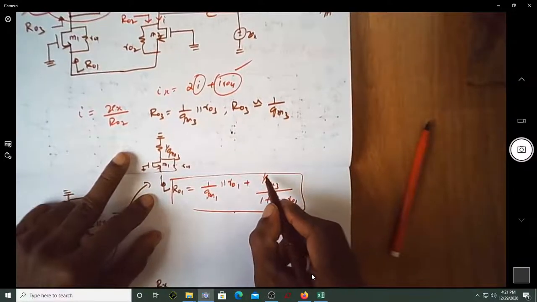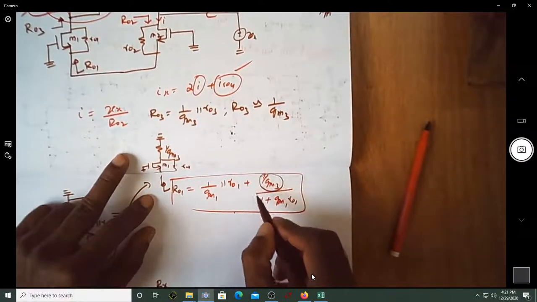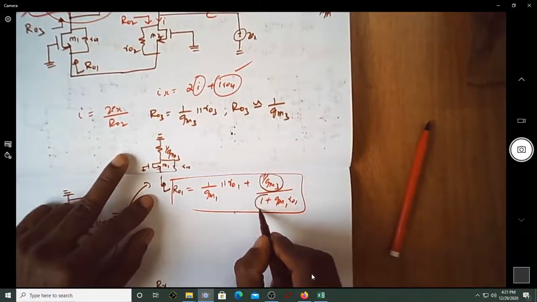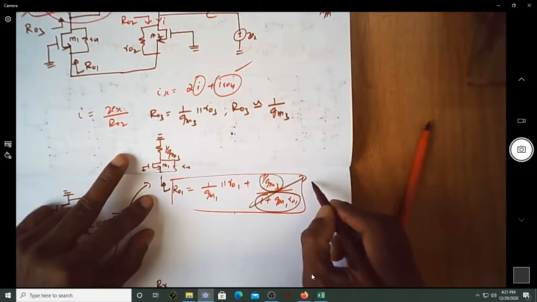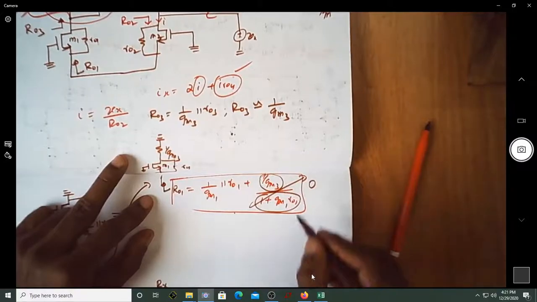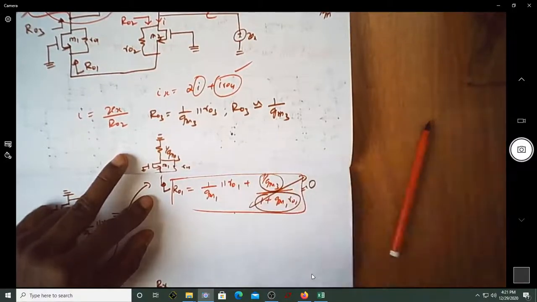Since the value of 1 over Gm3 is already small, if you divide it by a large gain of 1 plus Gm into R0, which is the intrinsic gain, this is almost close to 0. You can certainly neglect it.